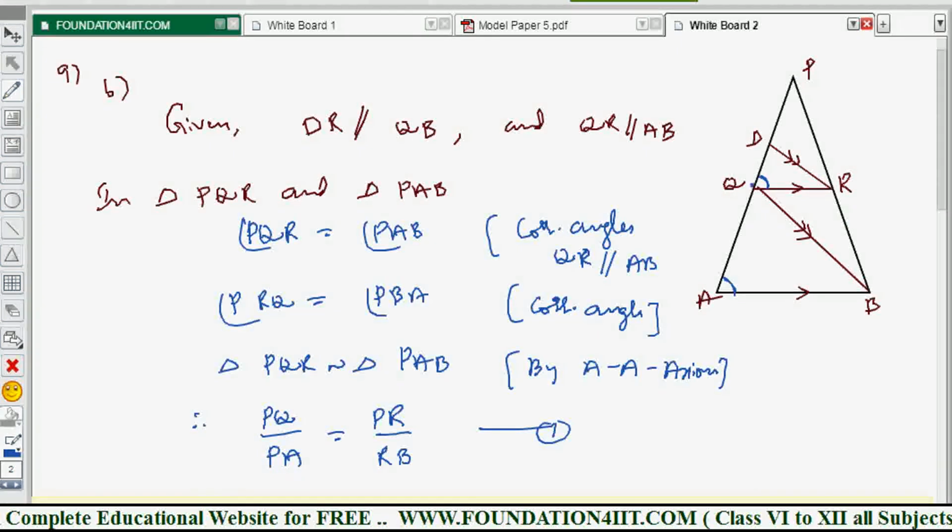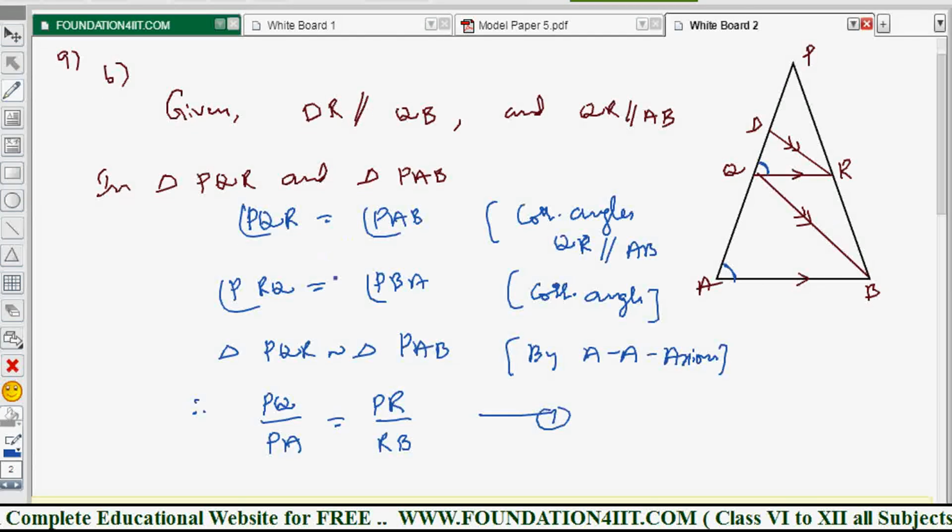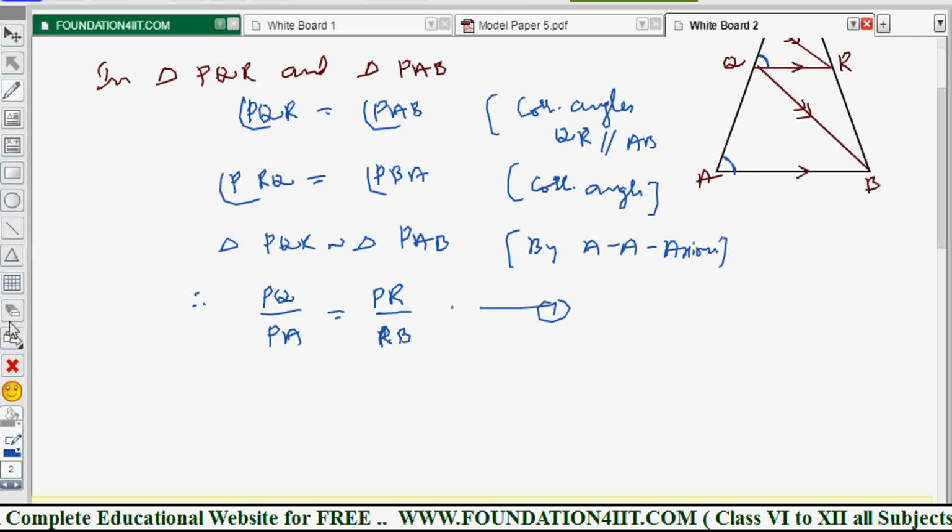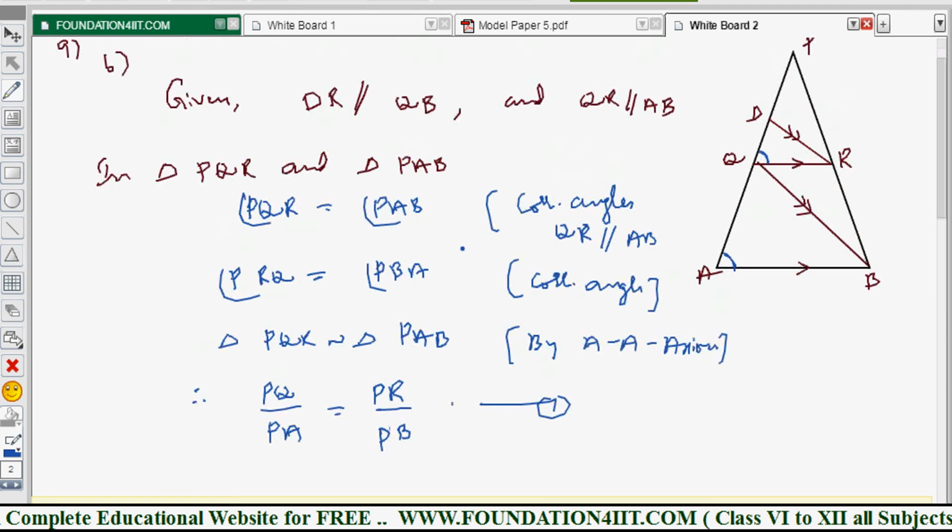We take PQ and PB, not RB, so total P to B. Right. Now let us take the next triangle. So PR by PB.